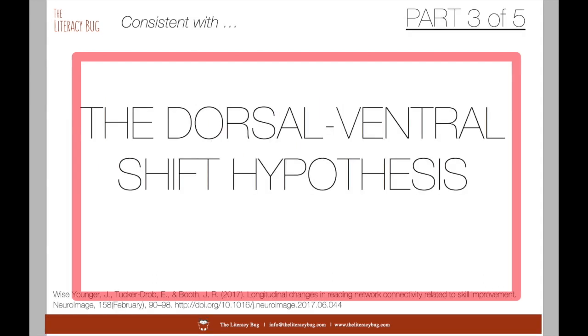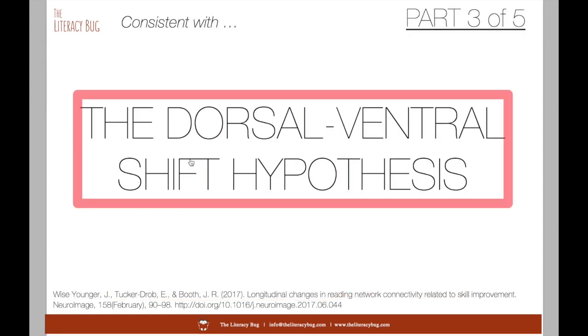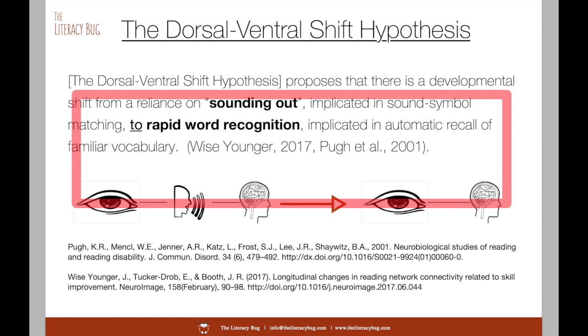So, let's talk about some more recent research on what is going on in the brain when one makes that neurological shift from being highly dependent upon the phonological processor to being able, with enough experience, to quickly and automatically recognize a corpus of vocabulary, which will indeed help with fluency. That's the dorsal-ventral shift hypothesis.